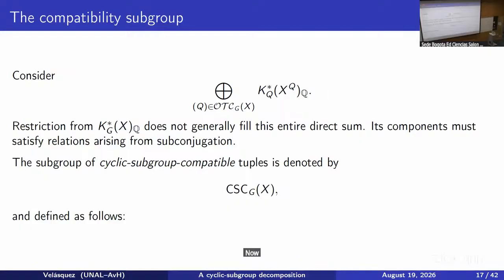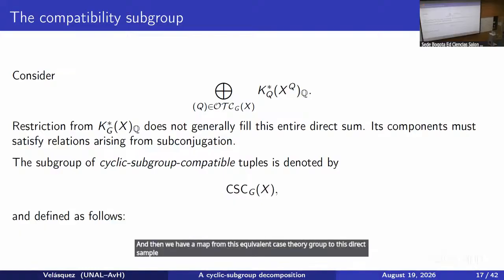Now consider this direct sum. As this set is finite, this is a finite dimensional vector space. And then we have a map from this equivariant K-theory group to this direct sum given by restriction.